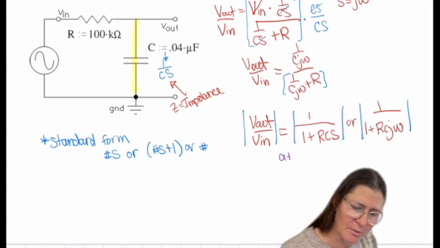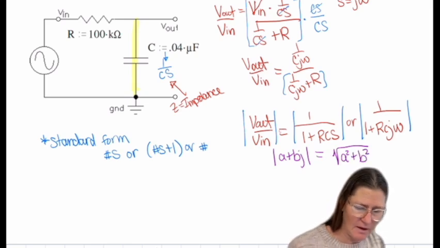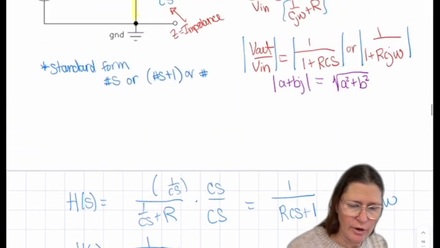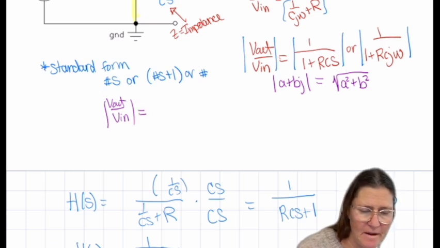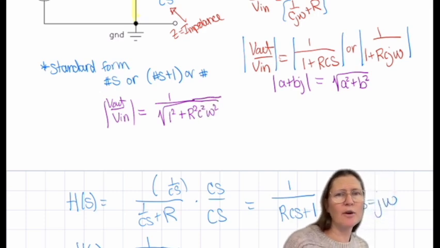Remember, a plus bj, when you take that magnitude, gives you the square root of a squared plus b squared. So now V out over Vin is going to give us the square root of 1 squared plus R squared C squared omega squared. And this is now a function of omega.